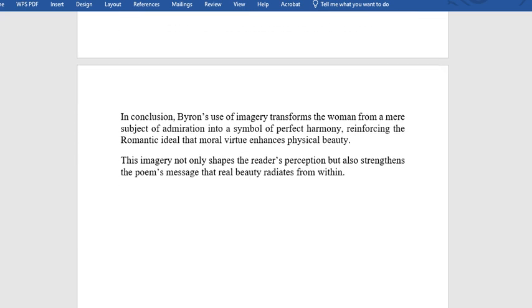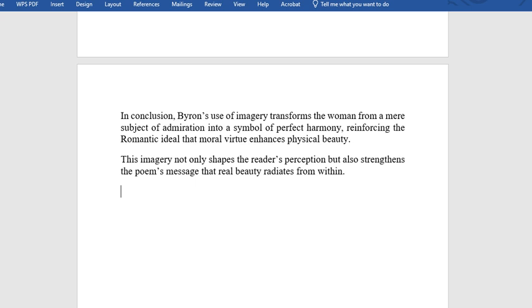In conclusion, Byron's use of imagery transforms the woman from a mere subject of admiration into a symbol of perfect harmony, reinforcing the romantic ideal that moral virtue enhances physical beauty. That is, beauty is not only measured through physical appearance.